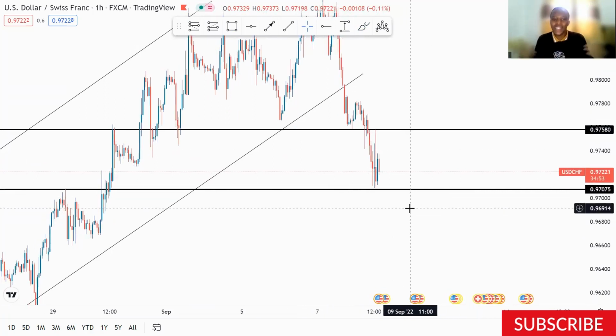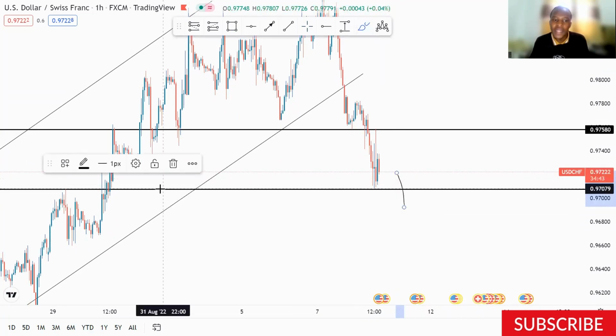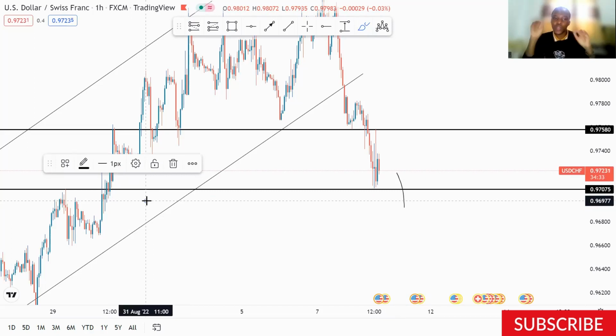If we are anticipating that USD Swiss franc is still going to continue being a sell, then we would use a sell stop, so that should the market break this level and hit this price point, 0.96977, it triggers you. If you're expecting it to continue with the sells, on your entry point you select your sell stop, put 0.9697 as the entry point, then put your stop loss.